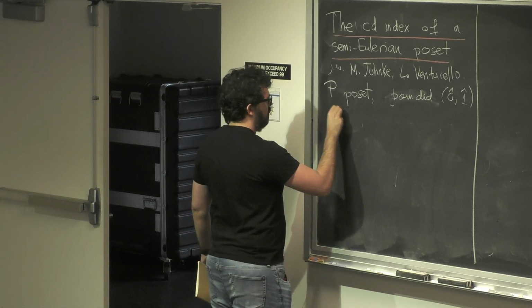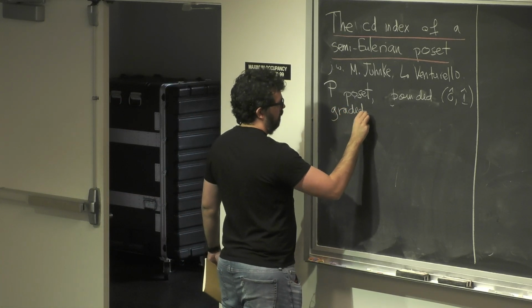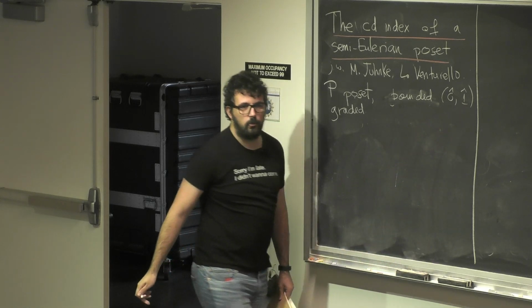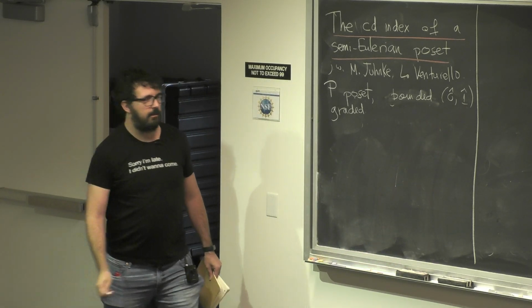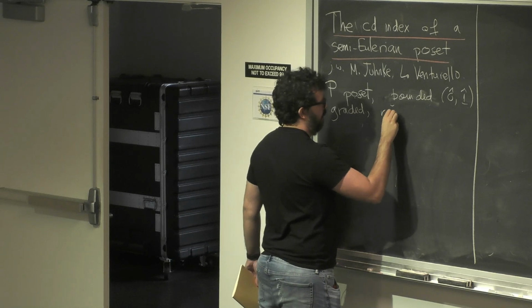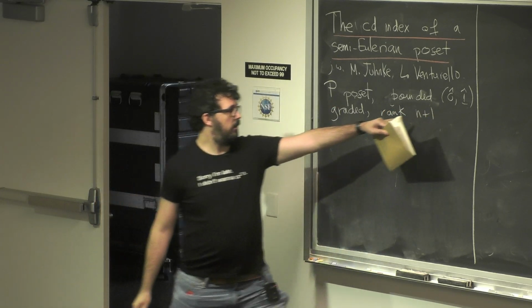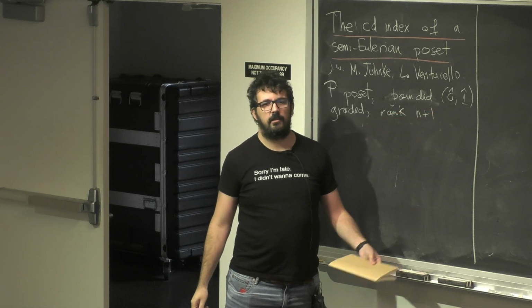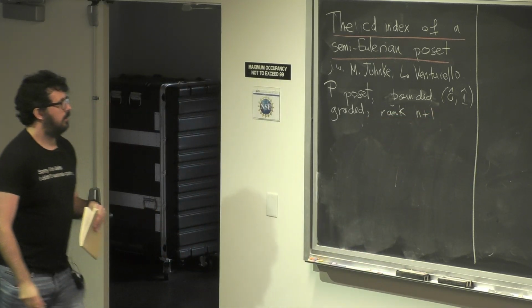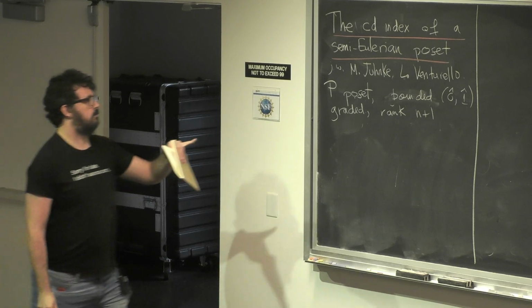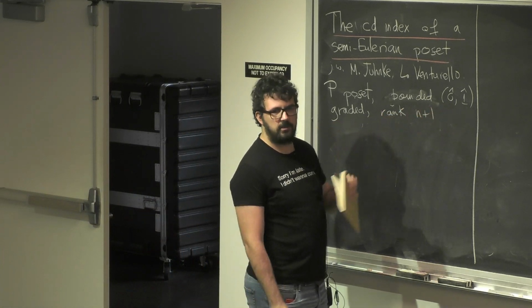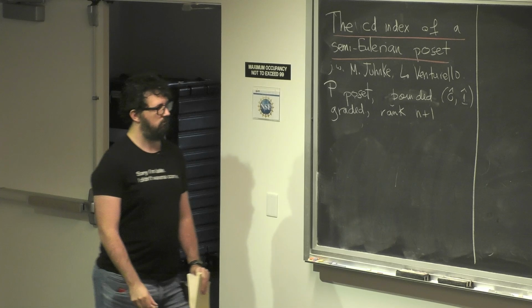I'm going to assume that it's graded, meaning that every saturated chain from 0 to 1, from the top to the bottom, has the same length. And I'm going to assume that it has rank n plus 1. That is, the number of elements in this chain is always n plus 1. No, n plus 2, because I want 0 to be rank 0.